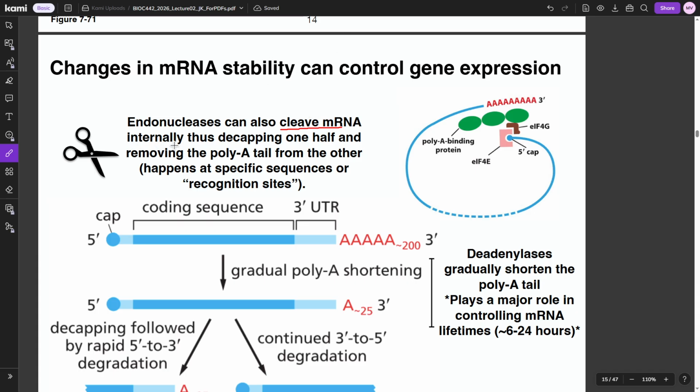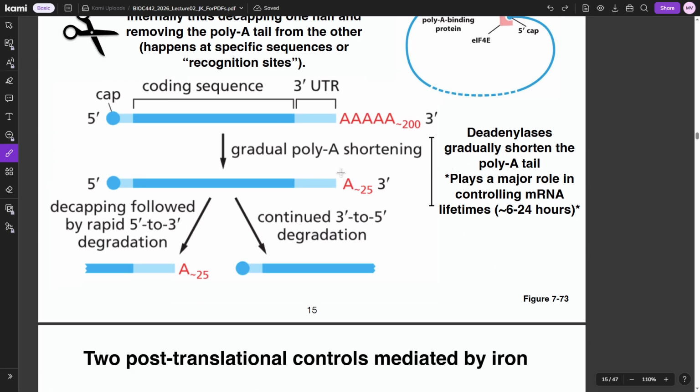But here, an endonuclease can cleave mRNA internally, thus decapping one half and removing the poly A tail from the other. So here you've got a case where you're breaking off the ends, and then we have two options. You either degrade 3 to 5, so you degrade the poly A tail, or you decap and then degrade this way. So depends on how you feel, I suppose.